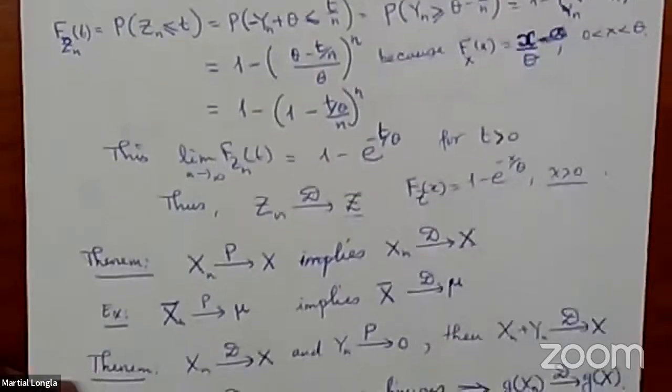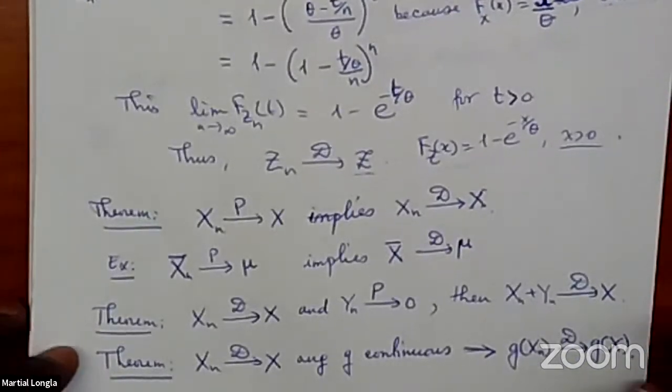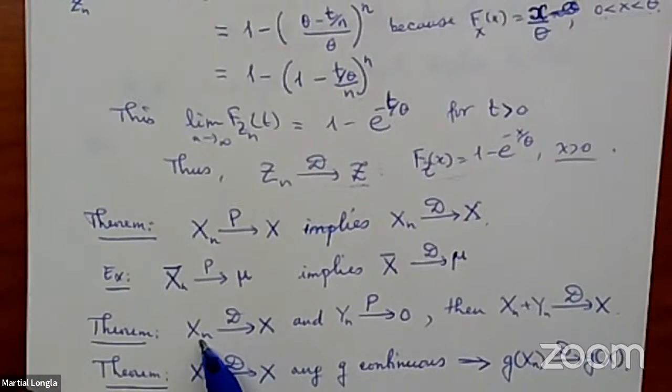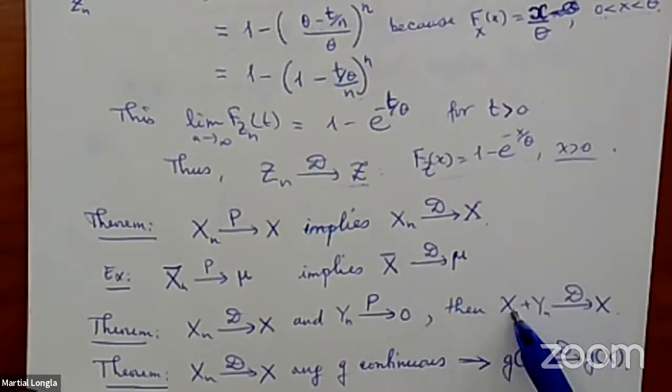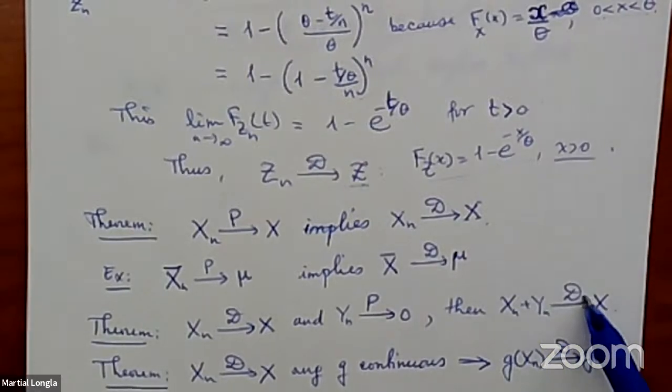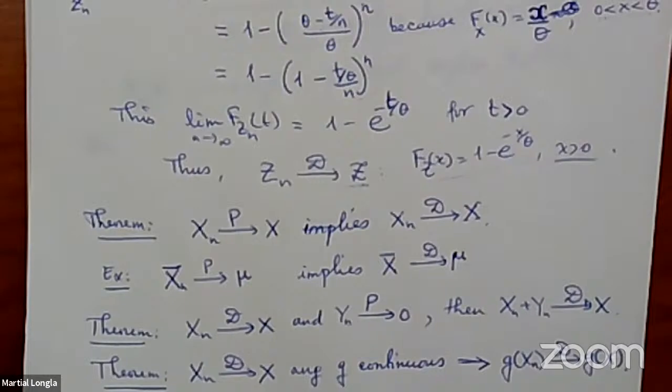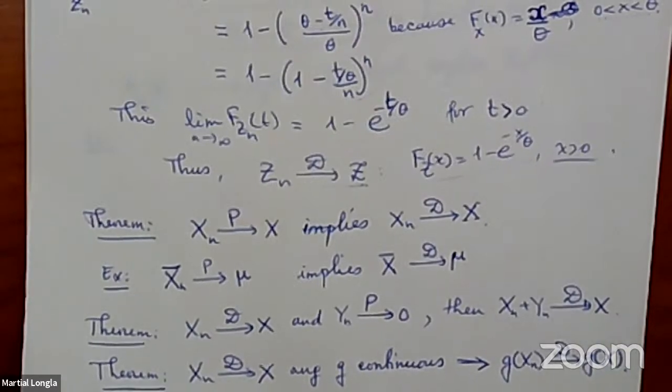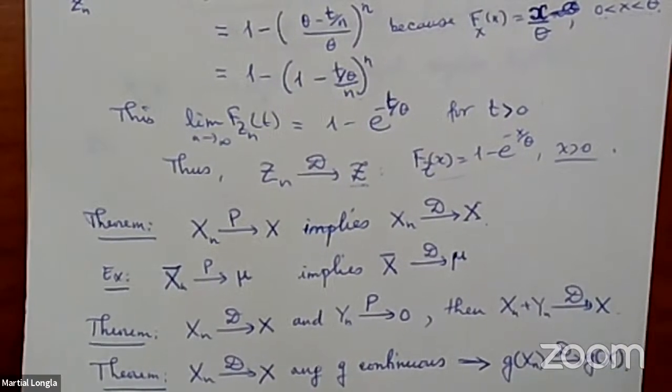Then the next thing is, if you have Xn converges in distribution to X, and Yn converges in probability to 0, then Xn plus Yn converges in distribution to X. This is a very important moment for those who do research in probability or statistics, because sometimes you can show that a sequence of random variables is equal to something plus a small quantity that converges in probability to 0.